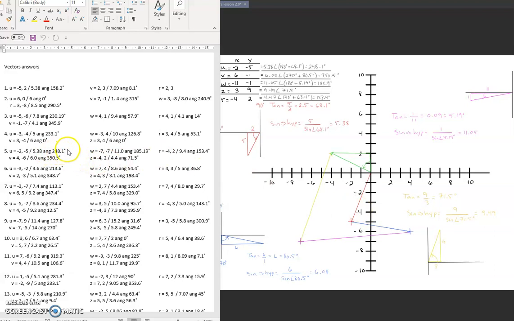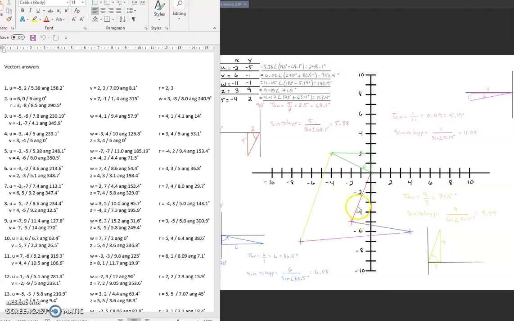Now the next vector, v, is 6 and -1, and that's from this point. 6 over on the x, -2 plus 6 gives us 4, and then -1 on the y, so 1 down, from -5 plus -1 brings us to -6. Here you have a magnitude of 6.08, angle 350.5.